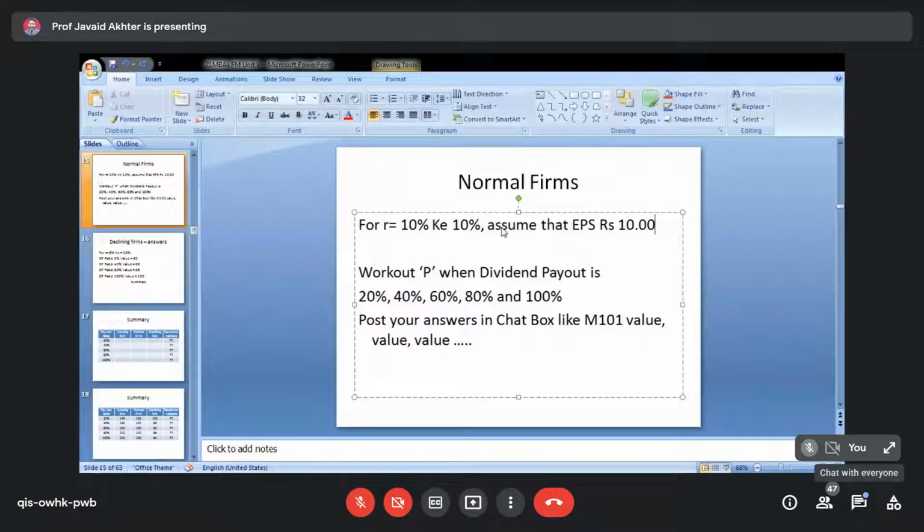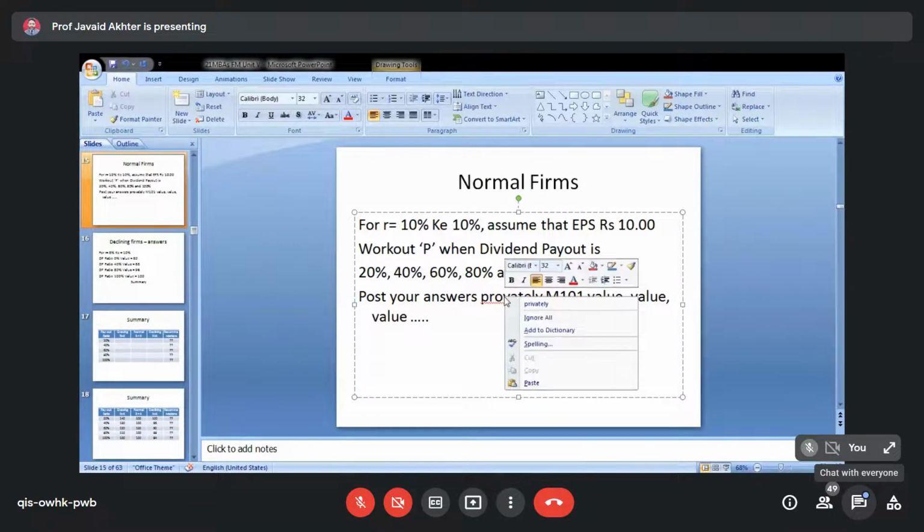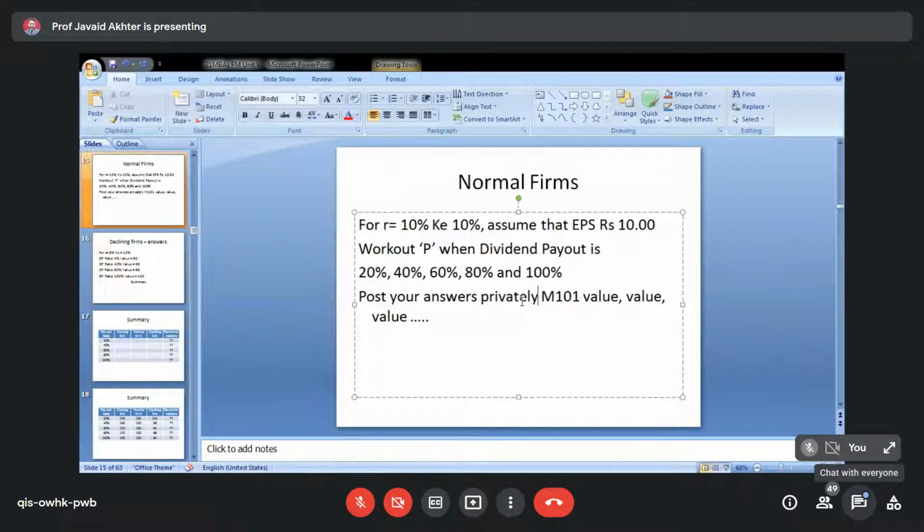Once again work out P when the dividend payout ratio is the same percentage, that is 20 to 80, and once again post it privately.